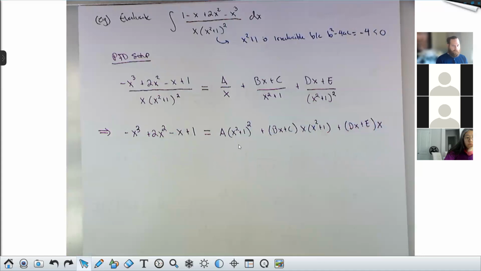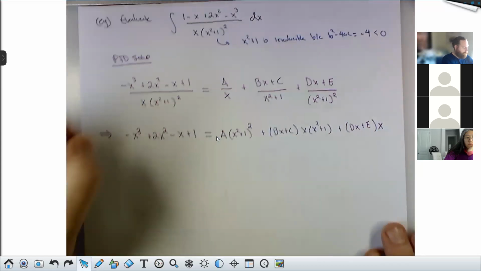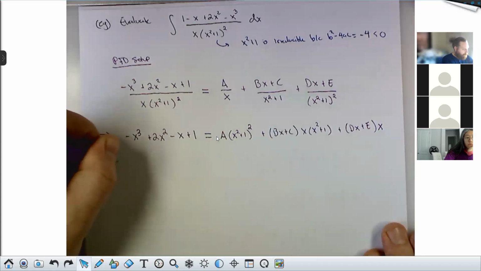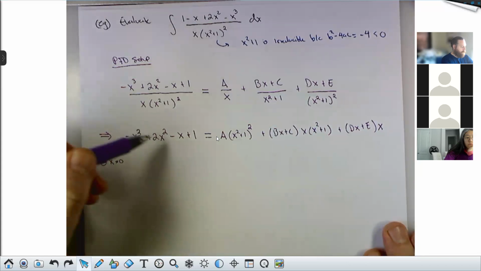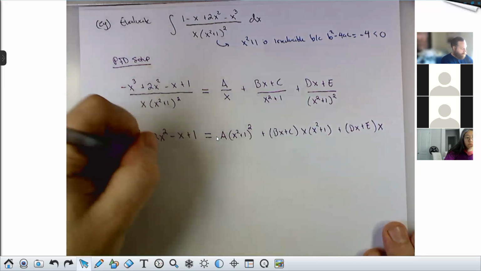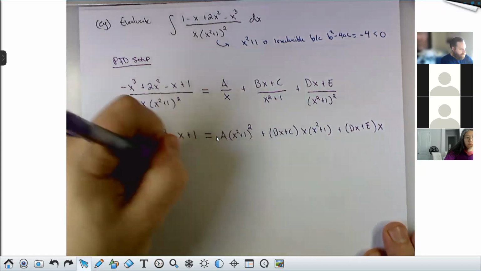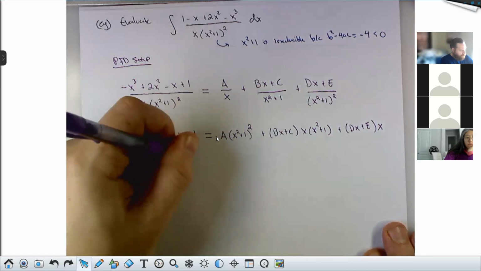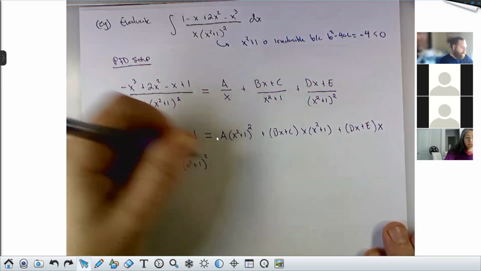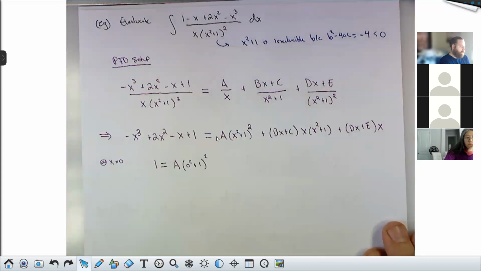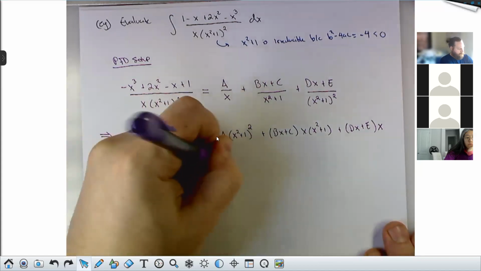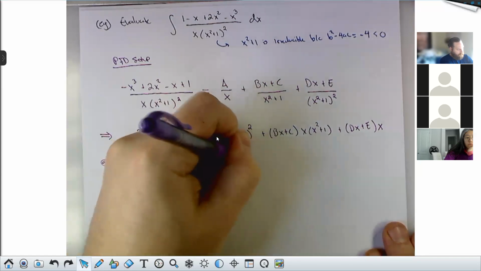So if we send x to 0, we'll get 0 plus 0 minus 0 plus 1 equals A times 0 squared plus 1 all squared, plus all the other stuff is 0. Which just means A is 1.